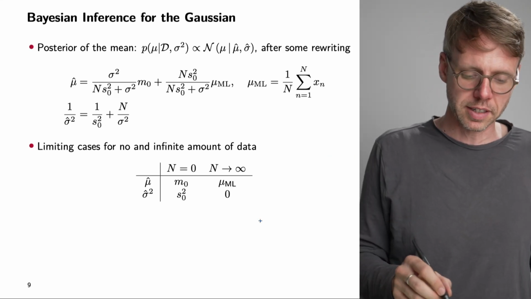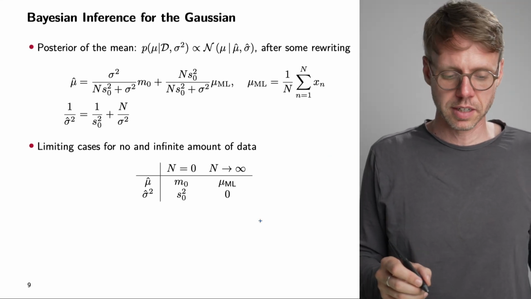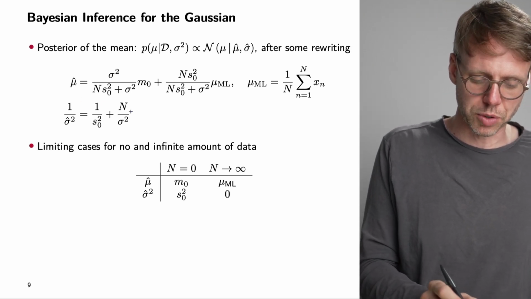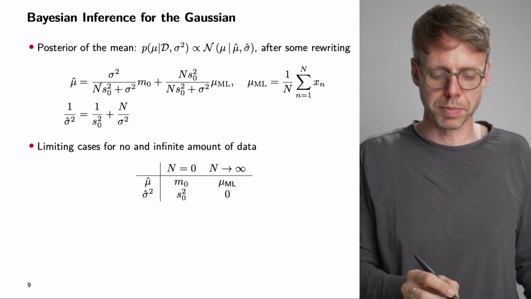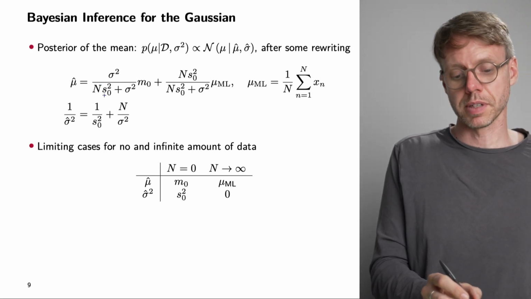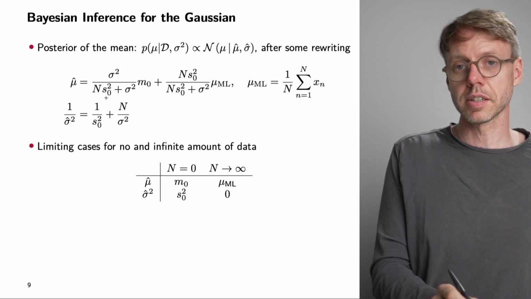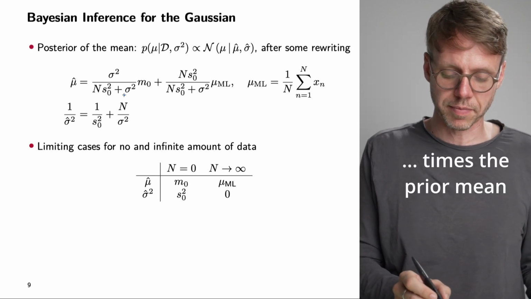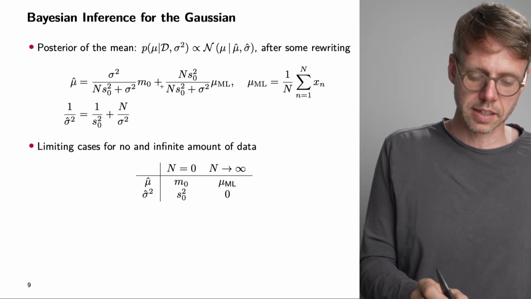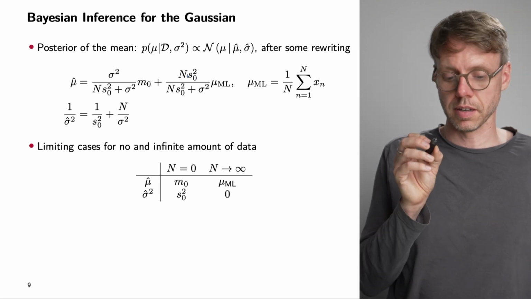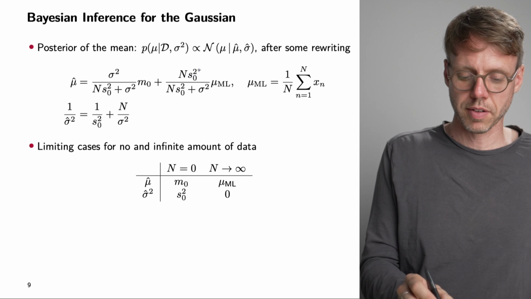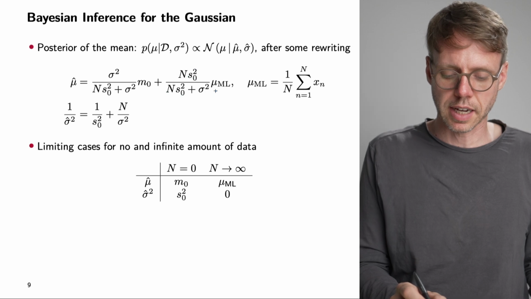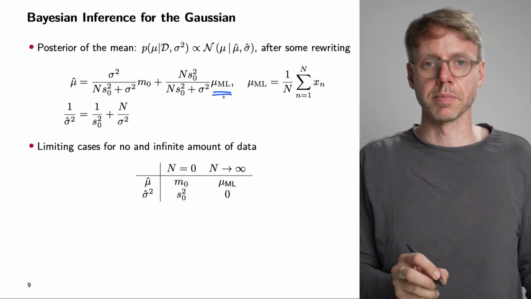Now if we rewrite these parameters a little bit, then we can look at them a little bit closer. We see that the mu is equal to the variance that we assume to be known divided by n times the variance of the prior distribution over the mean plus the variance of the data, plus n times the prior variance divided by n times the prior variance plus the variance of the data, times the maximum likelihood estimate.